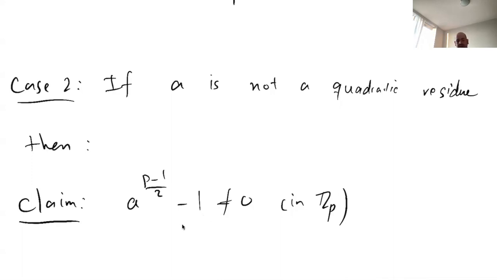The fact that this expression equals 0 for quadratic residues doesn't mean that it's not equal to 0 for non-quadratic residues. Maybe, as I said, potentially, for some quadratic non-residues, this could still be 0. But my claim is that that's not the case, and for every quadratic non-residue, this expression will be not equal to 0. Why do you think that this is true?